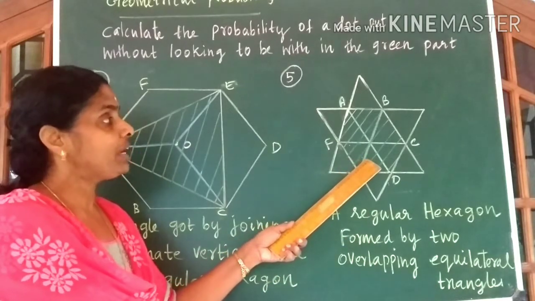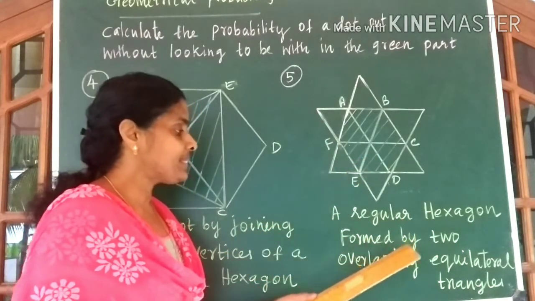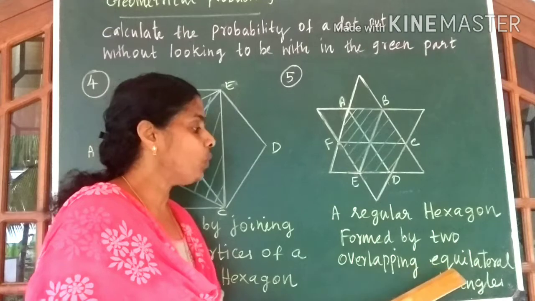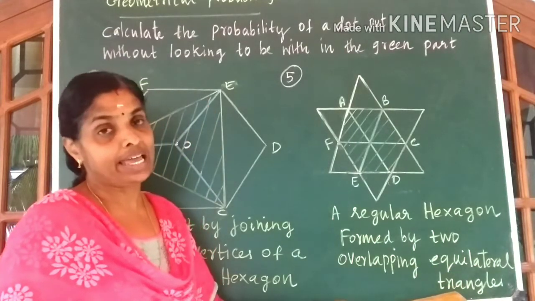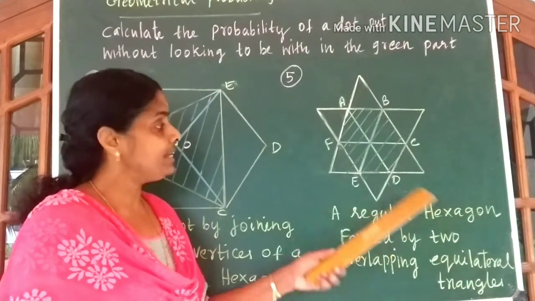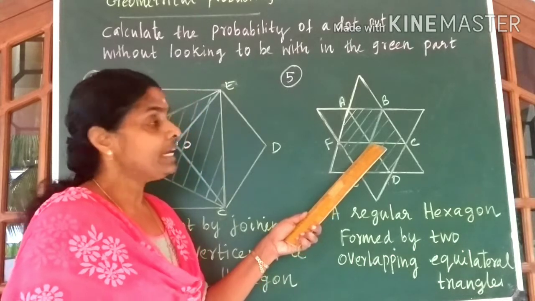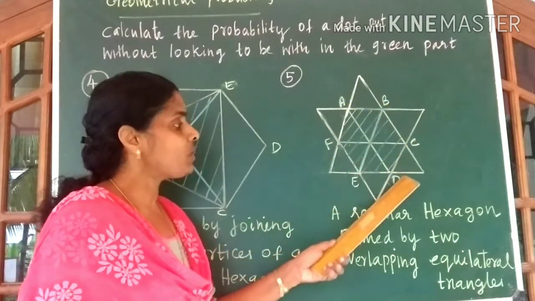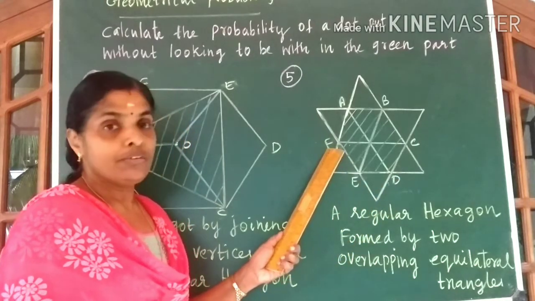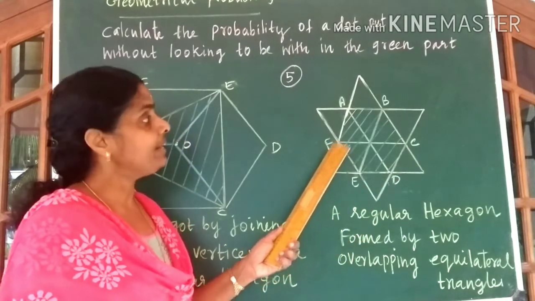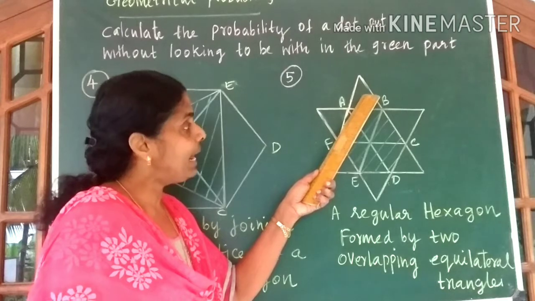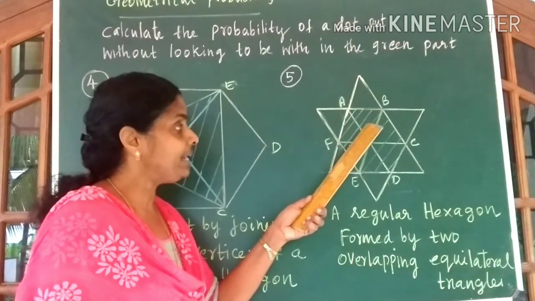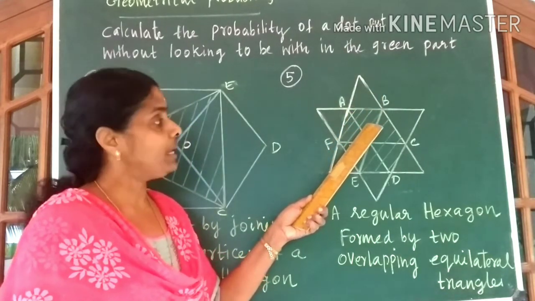Similarly, in this figure, a regular hexagon formed by two overlapping equilateral triangles. What I did here is, the center point is joined to all the 6 vertices of this hexagon. From the figure, it is clear that area of unshaded triangle and shaded triangle have same area.